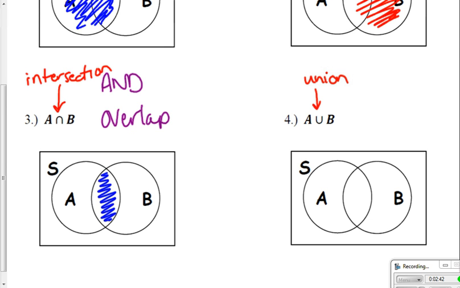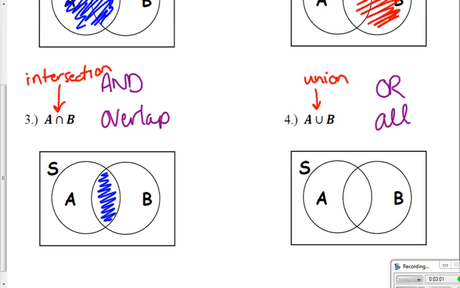Okay, so union we want to associate with the word or rather than and. And what it is, we want everything, or we want all things. So if you think about how at a lot of weddings you'll hear the union of two families, or the union of this man and this woman, or something like that.